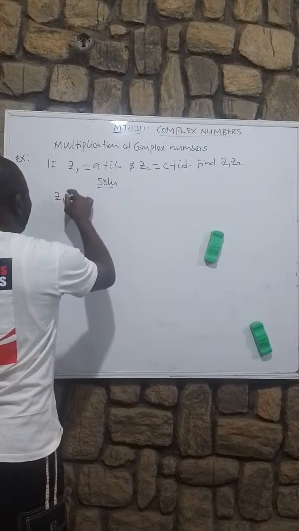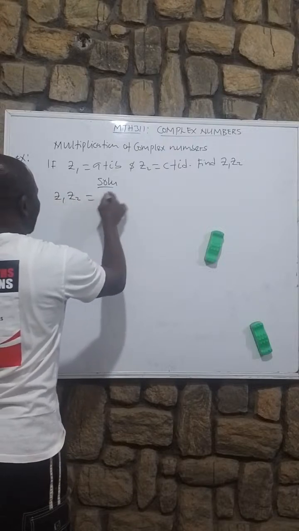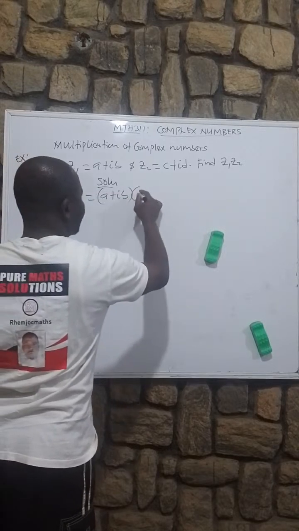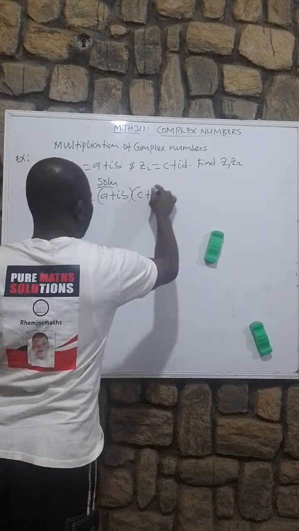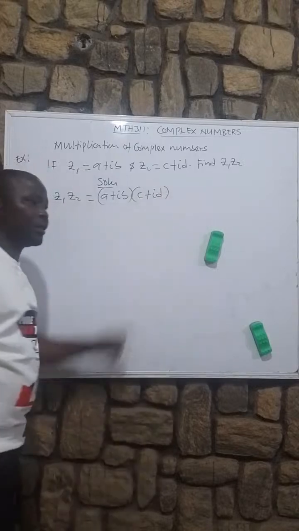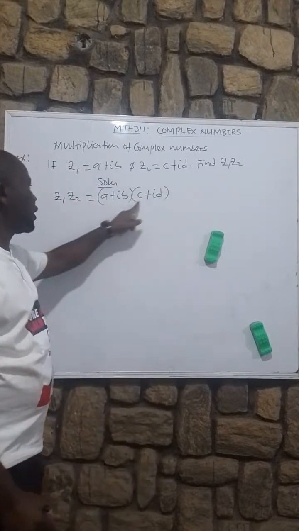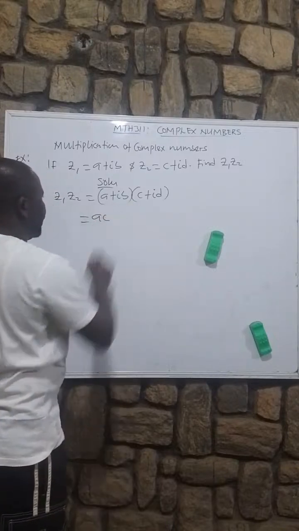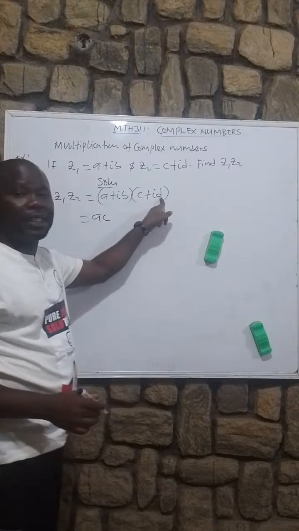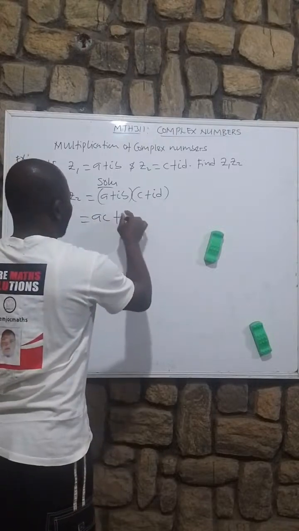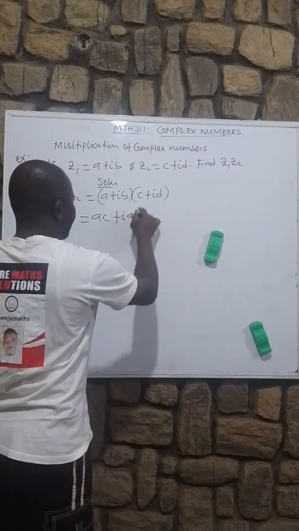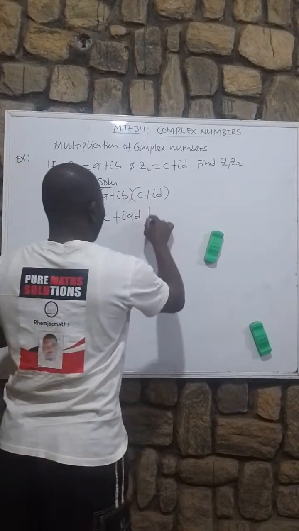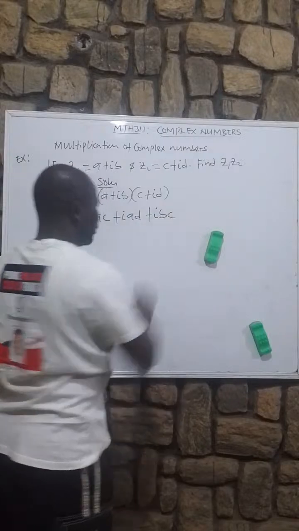Our Z1 times Z2 is equal to a plus ib times c plus id. So let us multiply out. a times c, we are going to have ac, then a times id, we are going to have plus iad, then ib times c, plus ibc, true or false?